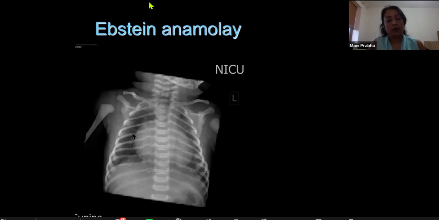To assess pulmonary vascularity, try to look for the main pulmonary artery, because the periphery might be slightly confusing. Although it's not significantly increased, there is some vascularity. So this is a case of Ebstein anomaly. The heart is globular and the right atrium is significantly enlarged.